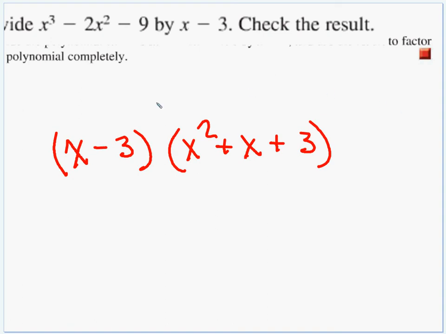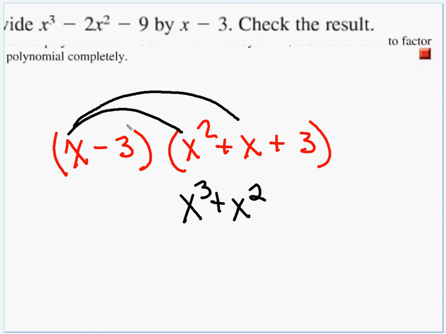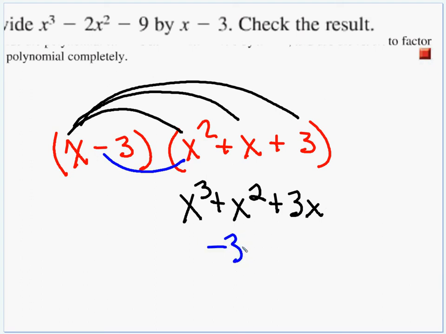Okay, and I'll color code this. Black ink here. So we multiply there and get x to the third plus x squared plus 3x. And then I'll come underneath, use blue ink, negative 3 times the x squared. That's negative 3x squared. Negative 3x and minus 9.